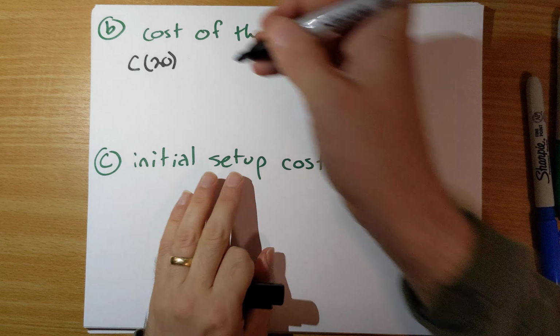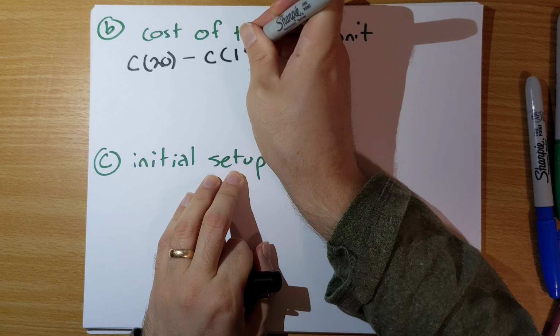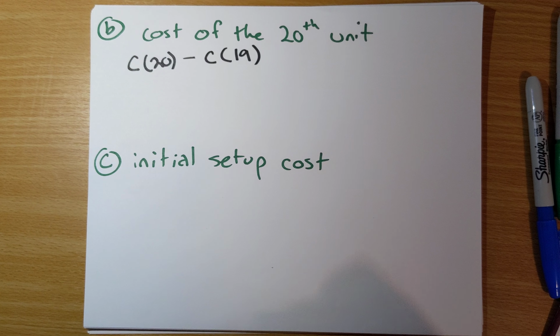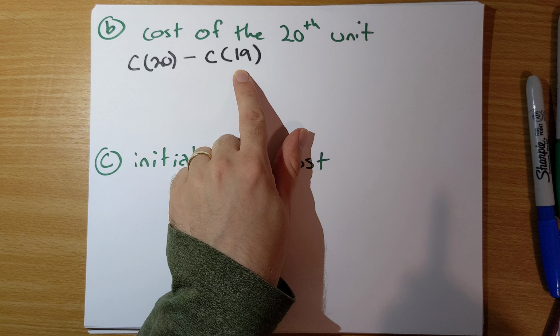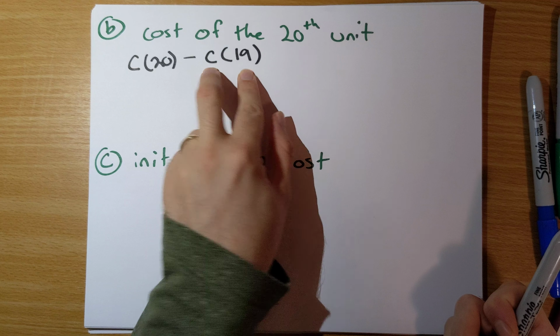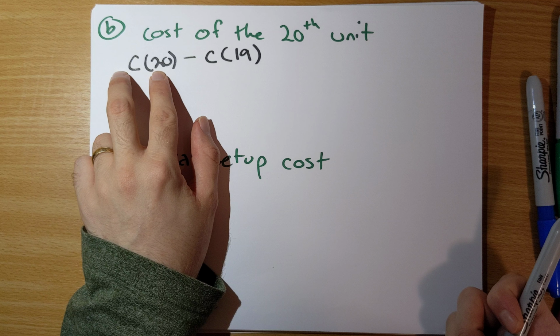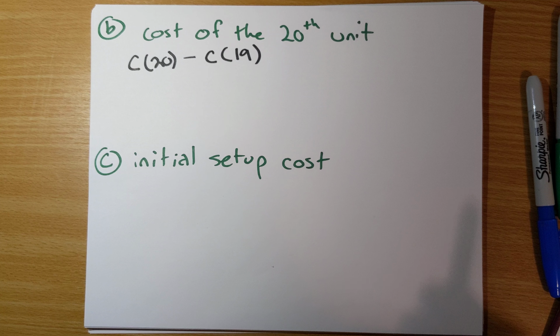But before we produce the 20th unit, we had already produced the first 19. How much did it cost to produce the first 19 units? C of 19. So this is the total cost to produce the first 19 units. This is the total cost to produce the first 20 units. Subtract the 2 from each other. This is the cost to produce unit number 20 and only unit number 20.